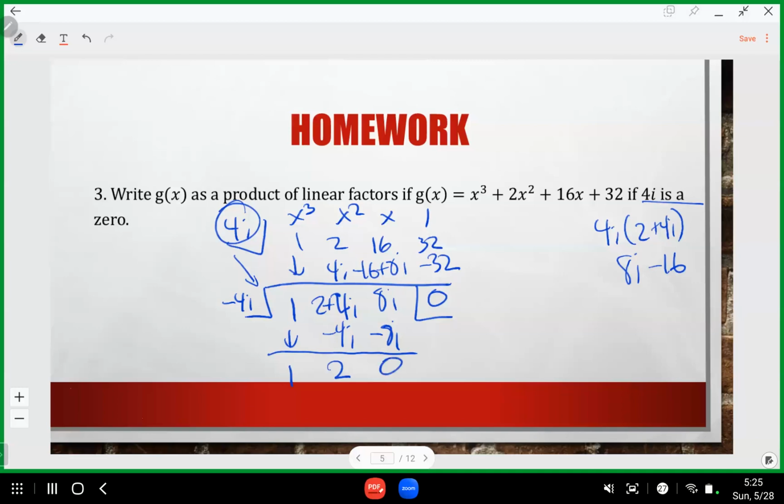So we are left with this very nice little factoring thing. Okay, so you're left with x plus 2. So we know -2 is also a factor, right? Okay, so then we have x minus 4i and x plus 4i.